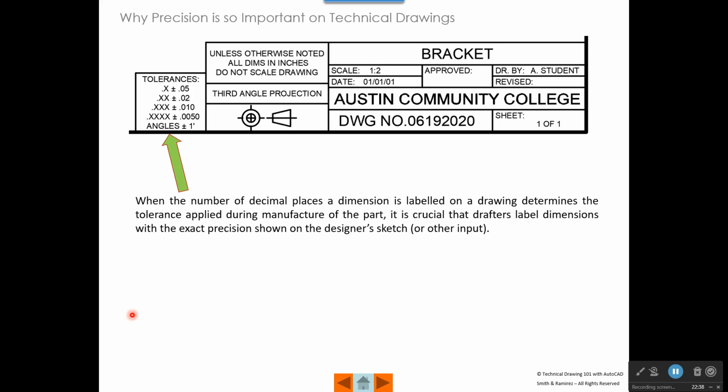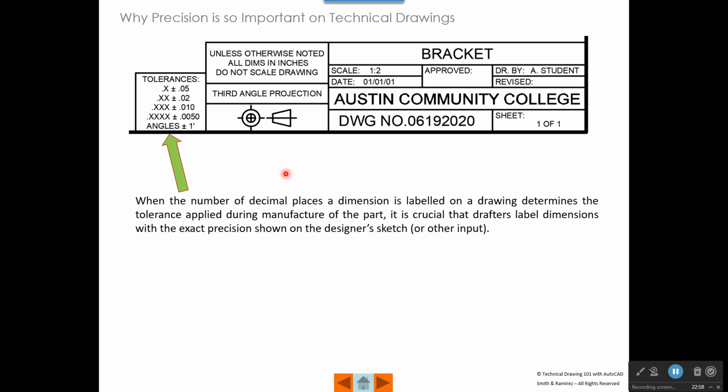When the number of decimal places a dimension is labeled on a drawing determines the tolerance applied during the manufacture of the part, like it does here, it's crucial that drafters label dimensions with the exact precision shown on the designer's sketch. Okay, so let's look at that.